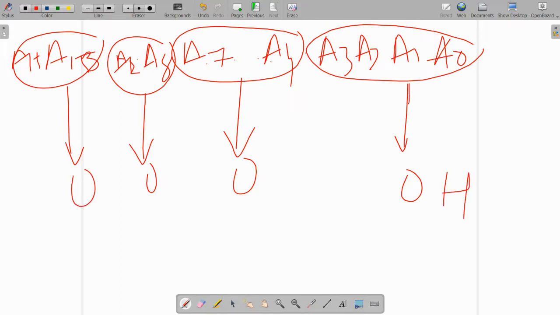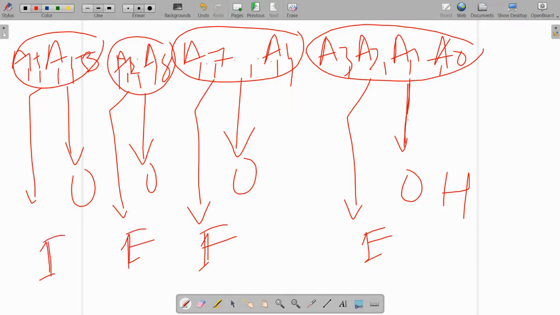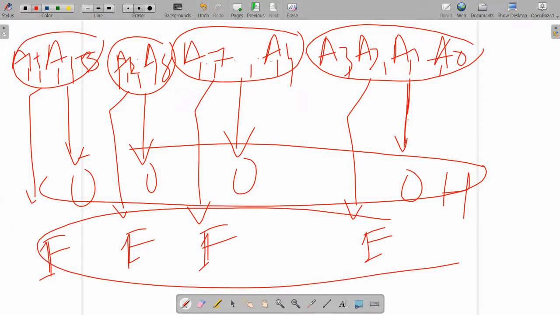And when this becomes 1, this becomes 1, this becomes 1, and this becomes 1, that means all 1. 1 का मतलब क्या है? ये 1 1 1 1. So I should say here F. This also 1 1 1 1, I should say this F. This also 1 1 1 1, this F. And this also 1 1 1 1, this F. So you go from 0000H to FFFFH. समझा अभी?